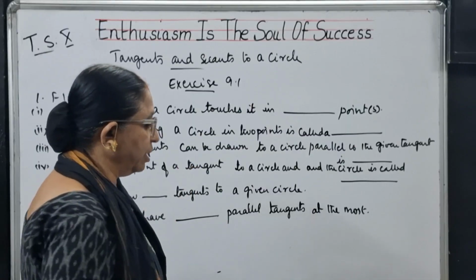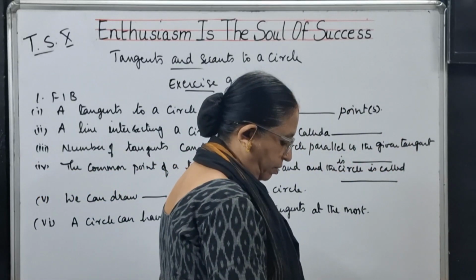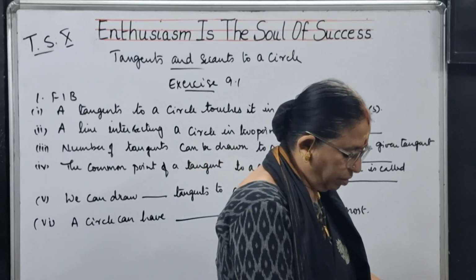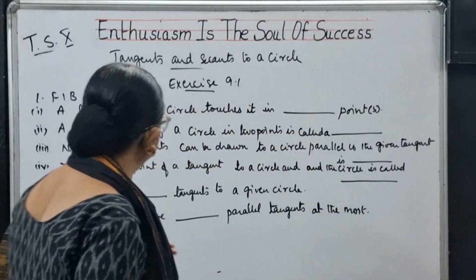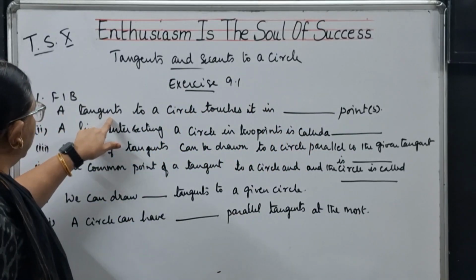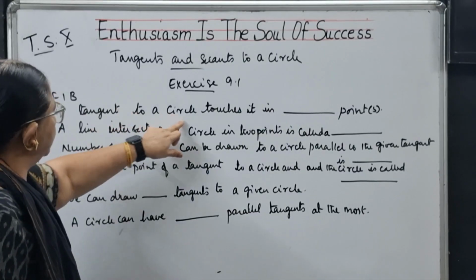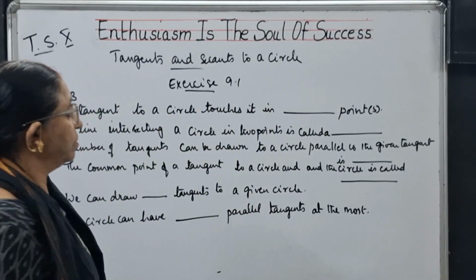In this exercise 9.1, the first question is fill in the blanks. Let me write the answers here. The first question: a tangent to a circle touches it in a dash points.